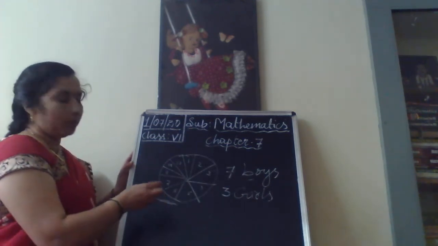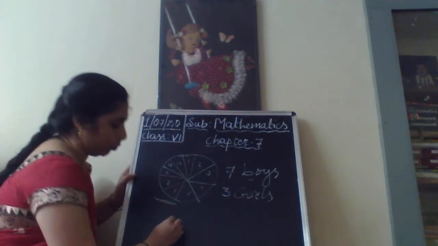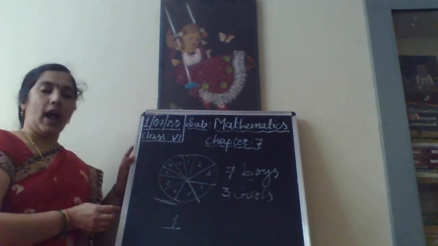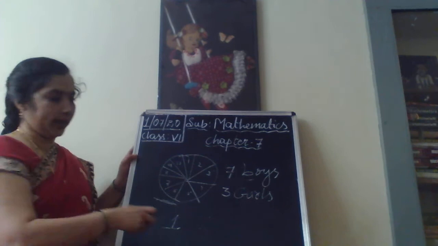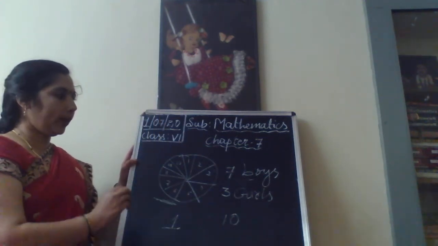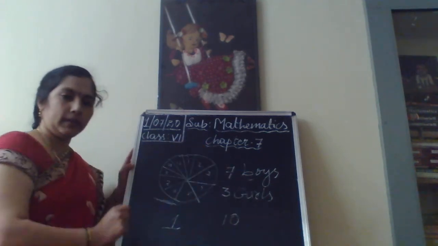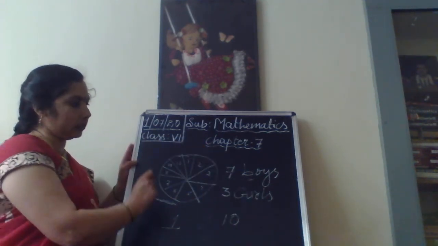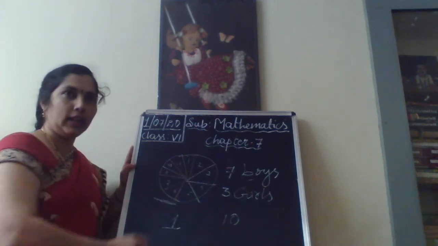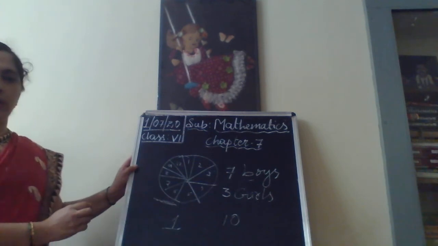Before, when he bought one whole cake, we could represent that one full cake as 1 and the 10 pieces of cake as 10 using numbers. But how can we represent the pieces of cake given to the 7 boys and the pieces given to the 3 girls using numbers?